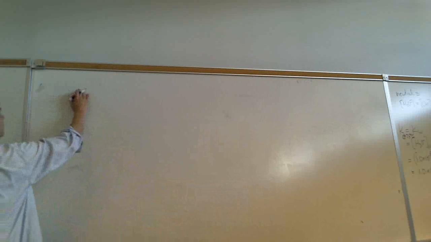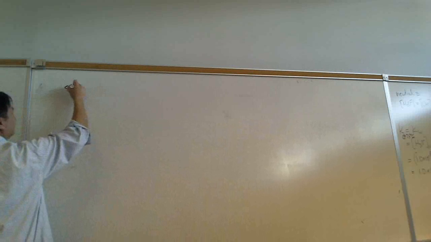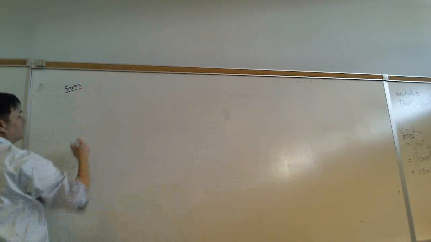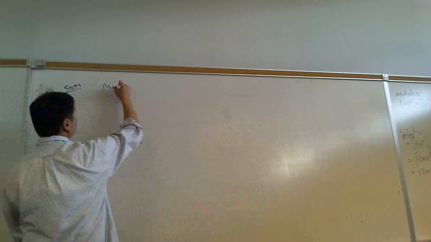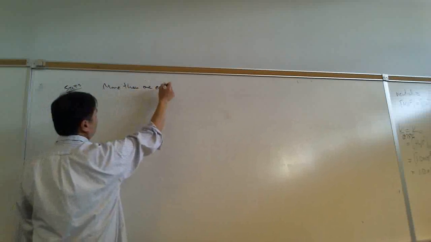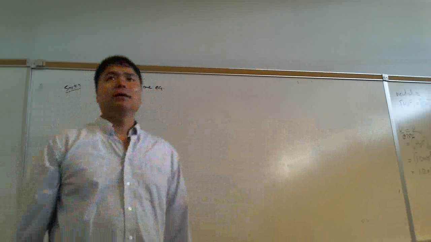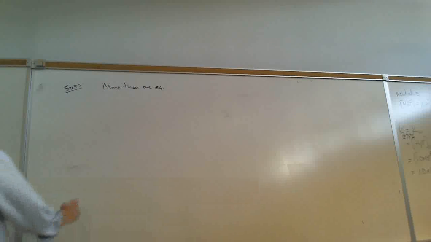All right, so what we do here is this, the steps. Let me break it down. When we're dealing with more than one equilibrium, we try to do this in a stepwise fashion.